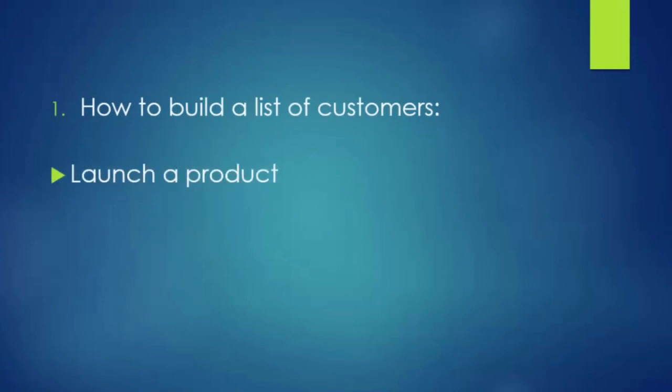So how to build a list of customers? First of all, the first option is to launch a digital product. We can choose an affiliate network like ClickBank, or we can host an online course on our own. These are just examples. We can sell different types of digital products: audios, graphics, online courses, ebooks, whatever you can think of.